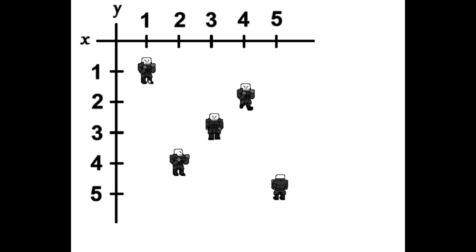This sprite image is at 1, 1. This one is at 2, 4. This at 3, 3. This one 4, 2. And the last one at 5, 5.